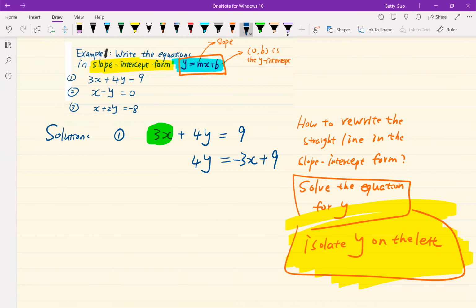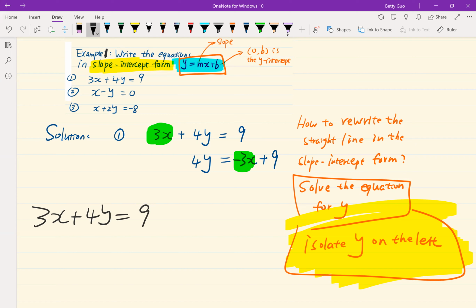Let me show you what happened here. We moved 3x to the right-hand side. We applied the transposition of terms. We move it and change the sign, right? If you don't like this method, do this. Let's say you have 3x plus 4y equals 9. You want to get rid of 3x from the left-hand side.